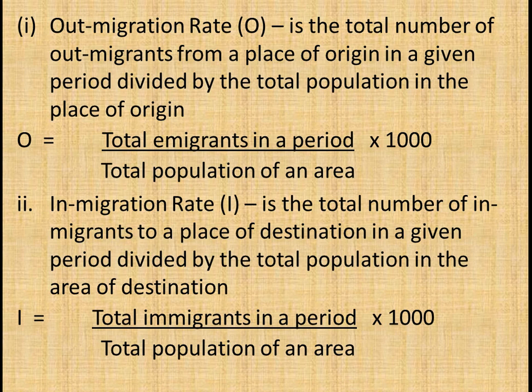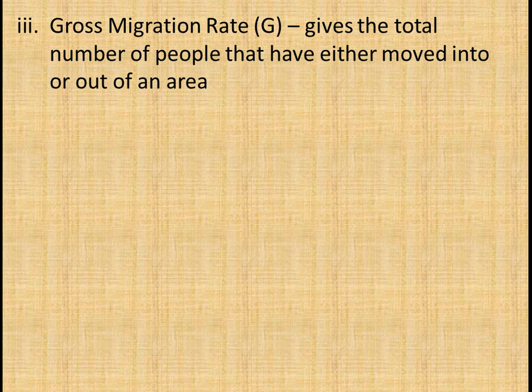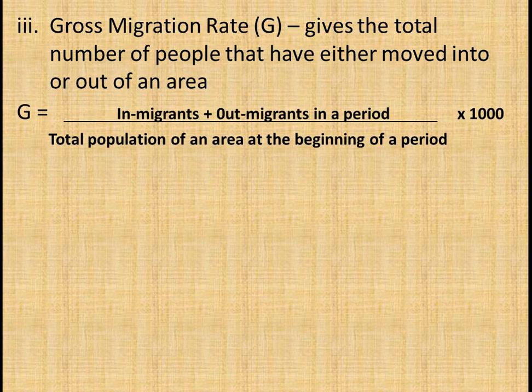Another measure of migration is the gross migration rate, G. Gross migration rate gives the total number of people that have either moved into or out of an area. In this case, we add in-migrants and out-migrants in a period divided by the total population of an area at the beginning of a period.